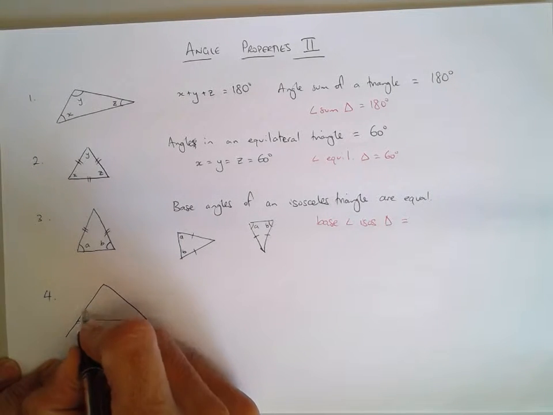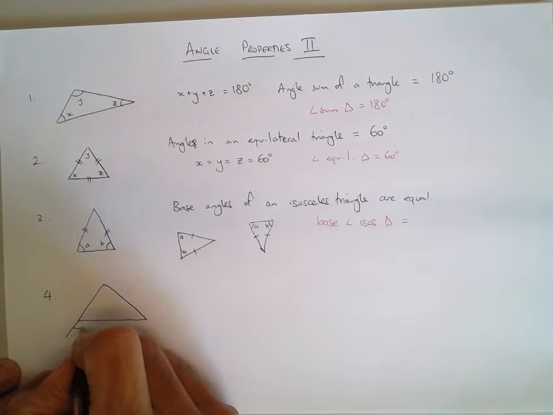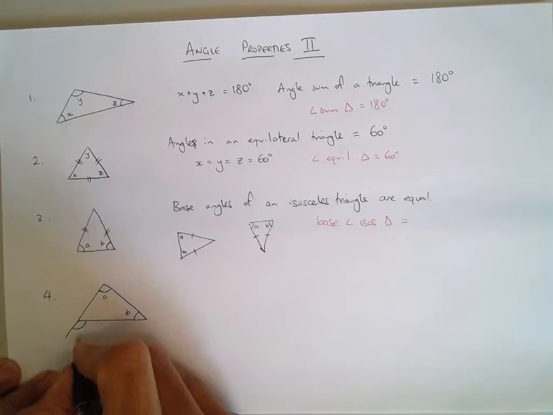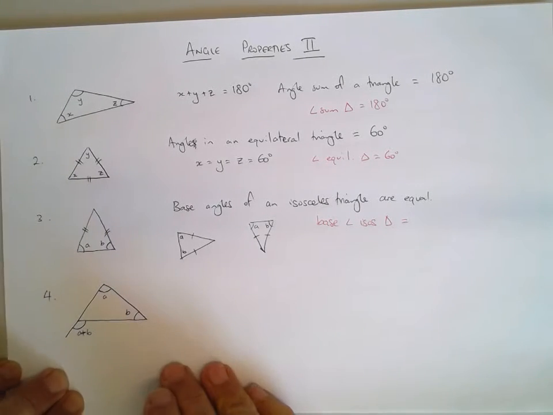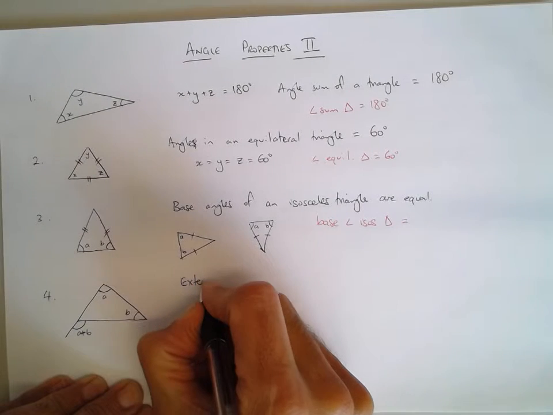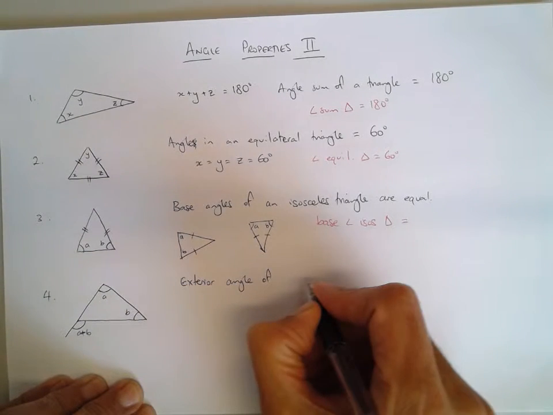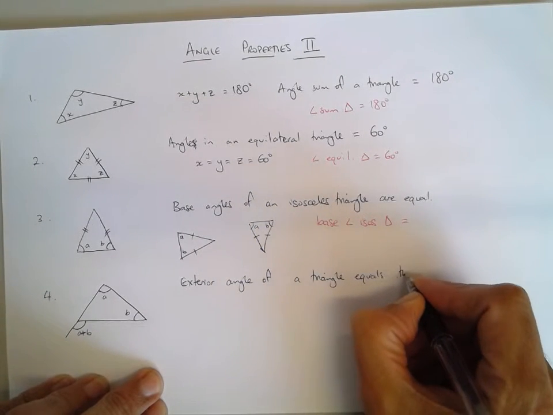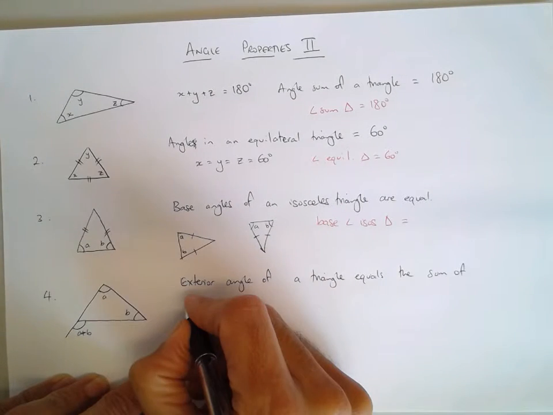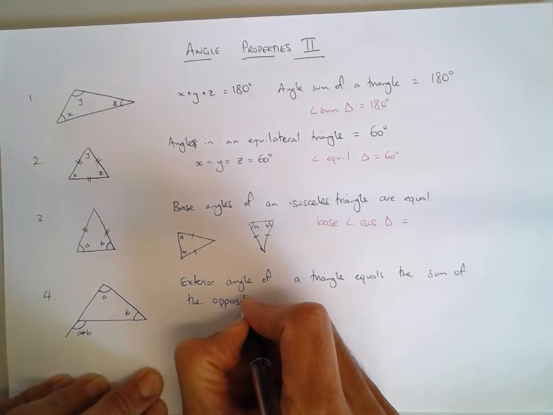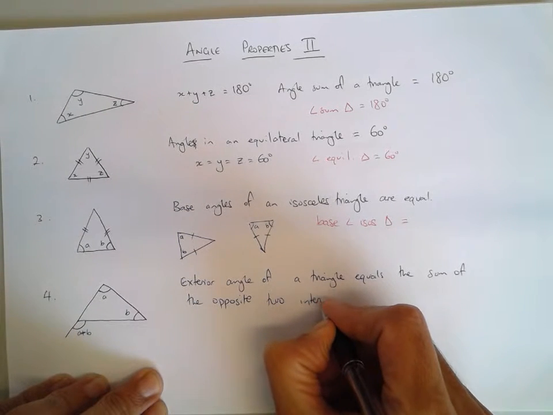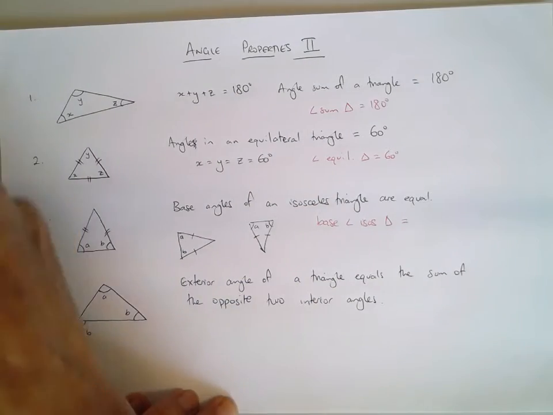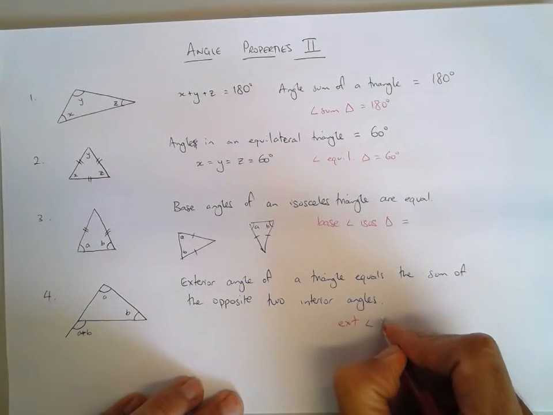I just continue one side out, and this angle in here is going to be equal to the sum of these two here, A plus B. Okay, so we say that the exterior angle of a triangle equals the sum of the opposite two interior angles. And in our shorthand, the exterior angle triangle.